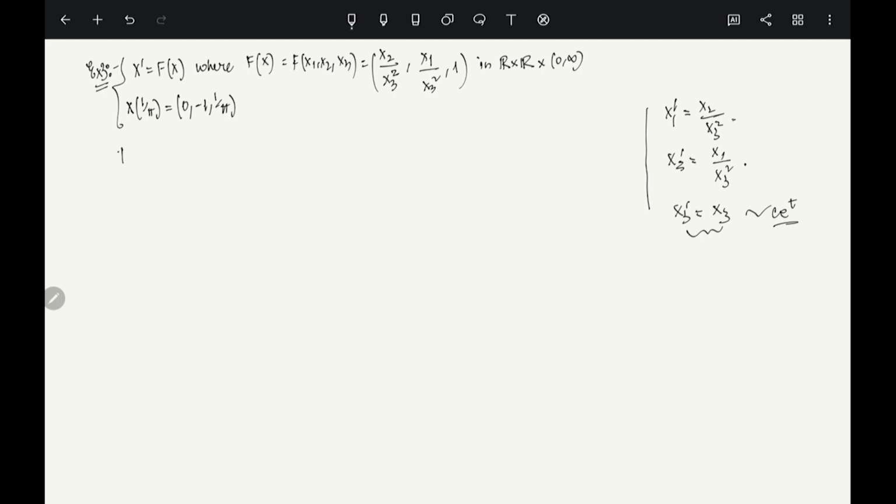Okay, so the above system admits a unique solution, okay, and what is the unique solution? It is given by x1 of t, x2 of t, x3 of t, which is sine 1 by t, cosine 1 by t, and t.